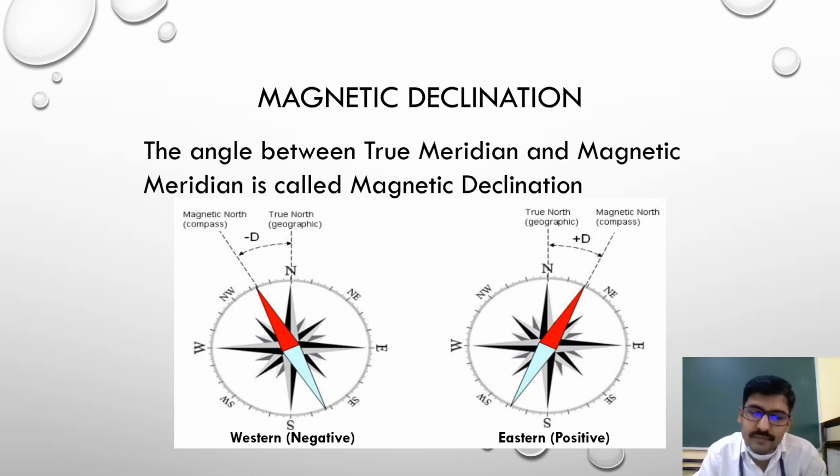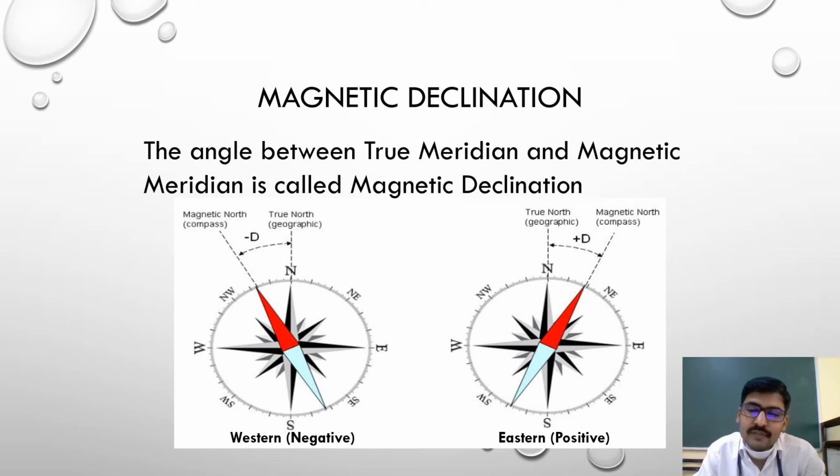In a previous example you have seen, if the bearing of line AB is 35 degrees and the declination of that place is 5 degrees east, then the true bearing can be easily found from the declination and the bearing of that line. The magnetic bearing of the line is 35 degrees, the declination at the place is 5 degrees east.